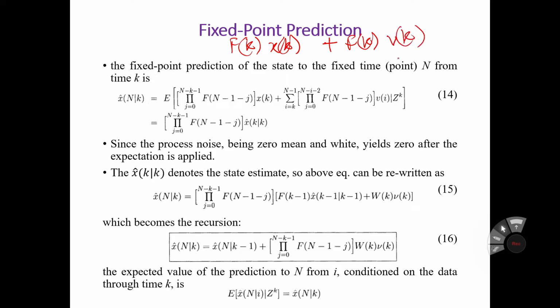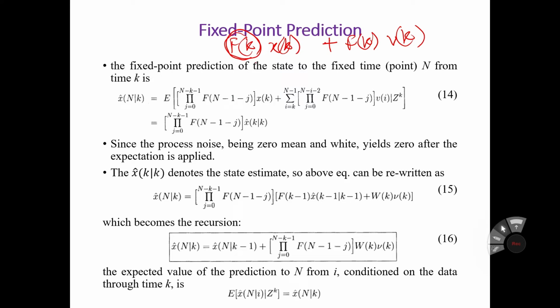Okay, so here we are taking the fixed point prediction. So what is fixed point prediction? In the fixed point prediction, you have to replace the k with n minus 1 minus j. Here also you have to replace this thing because you are performing the transition of the object state at the fixed point.